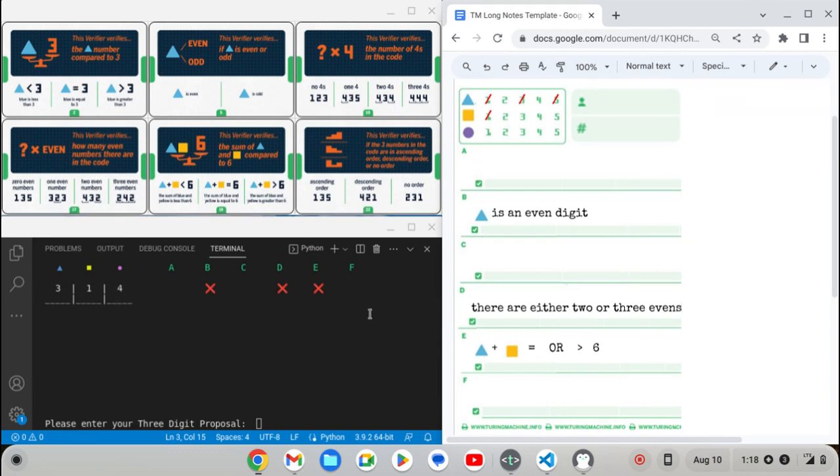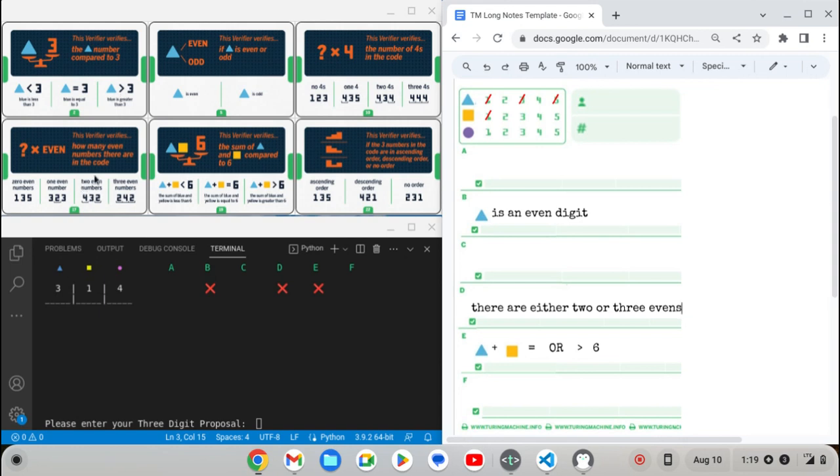Okay, well that does it for this round. We've already completed our 3 Turing tests, and we're going into the phase where we'll be discussing how to construct a good second round proposal. So notice that, luckily, we didn't test criteria card A, because we know that there is at least a 2 or 4 there, and we didn't test how many 4s.